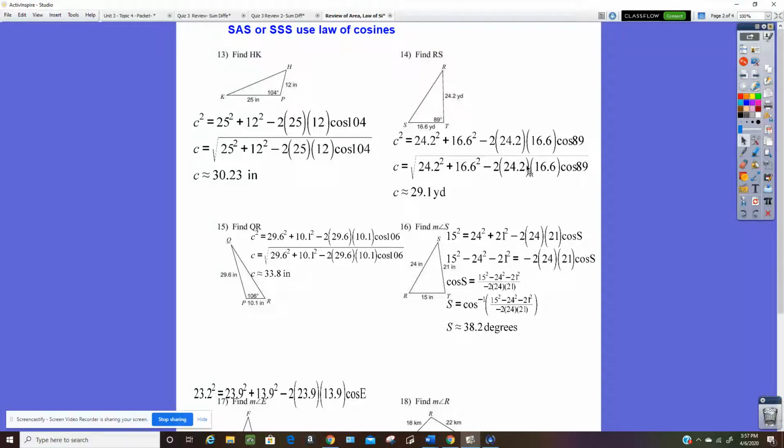And then the same for 15. I'm trying to find QR. So that means 106 is my angle C. And I'm trying to find side C. So like I said, I just use the larger number as A and the smaller number for B. And then when I manipulate the equation, take the square root of both sides, C is approximately 33.8.